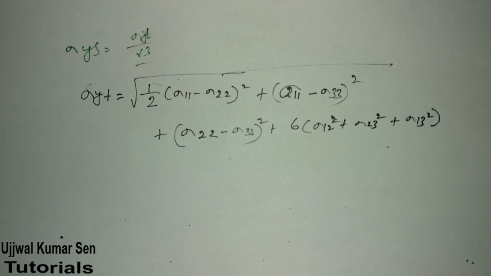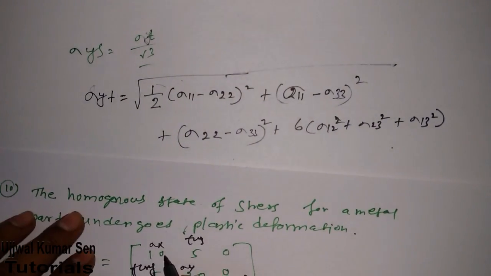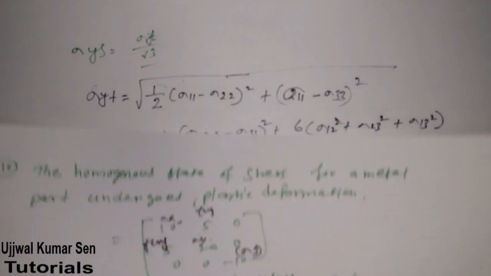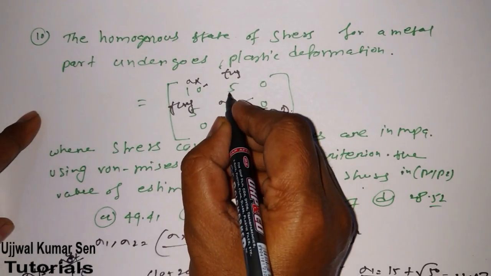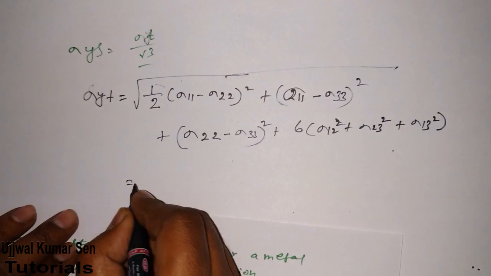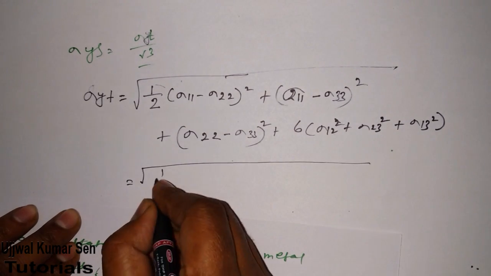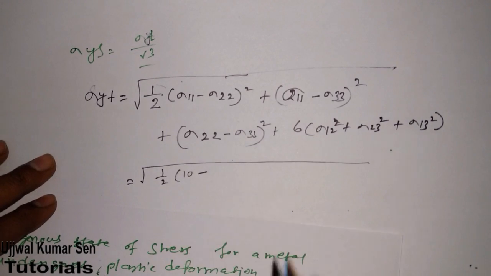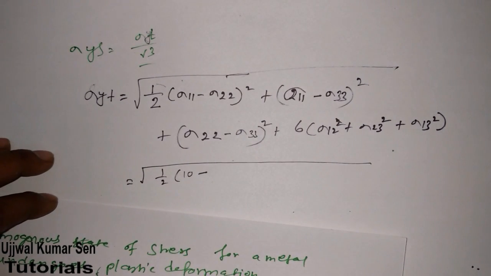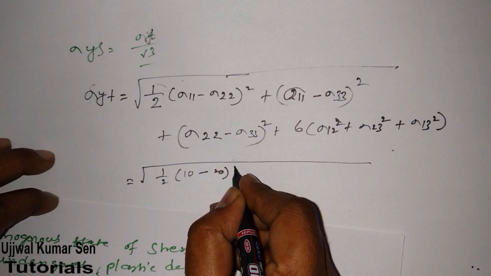Now we have to see those values. Basically this is sigma 11, sigma 22, and sigma 33. This is sigma 12. So we have to put values according to this equation. Half of (sigma 11, which is 10, minus sigma 22, which is 20) square.